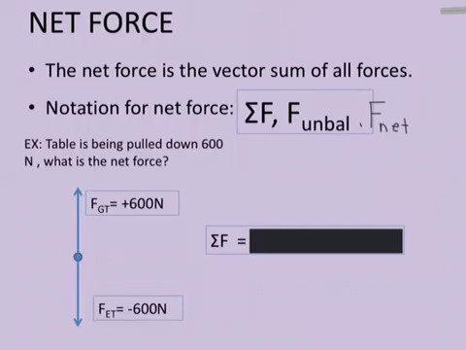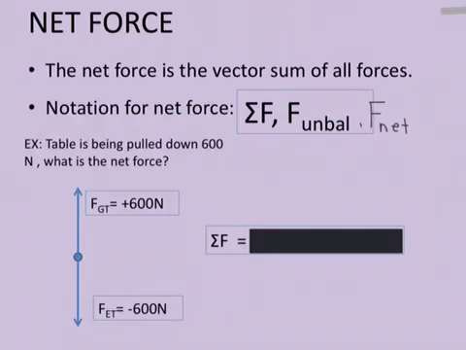A couple slides back, I actually labeled part of a force diagram as sigma F, right here. Okay, so now we're going to talk about what that really means. When we look at all of the forces, the net force is the vector sum of all the forces. We look at our forces vertically and horizontally, and we say whether it's balanced or unbalanced, and we can actually attach a number to that overall net force.